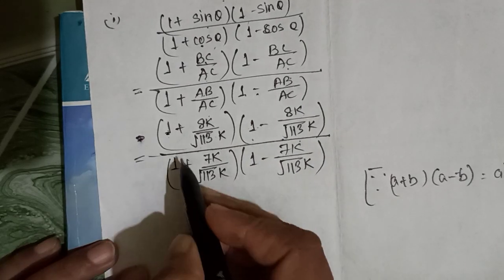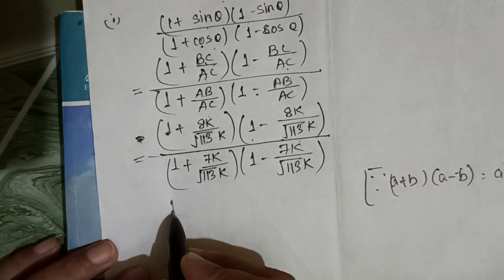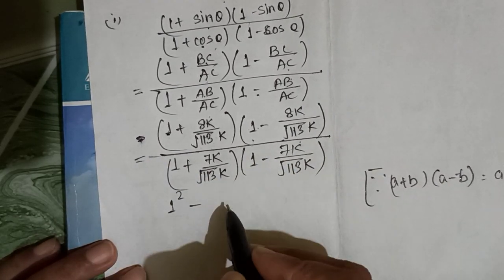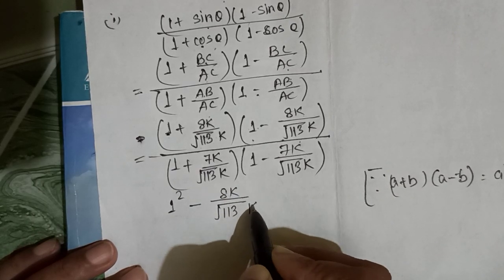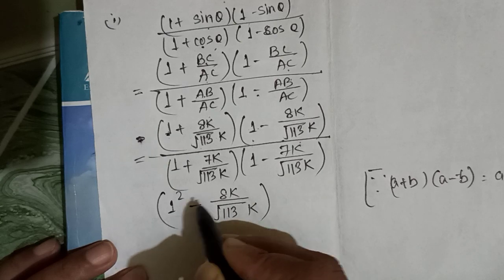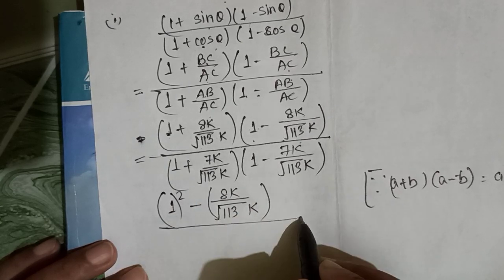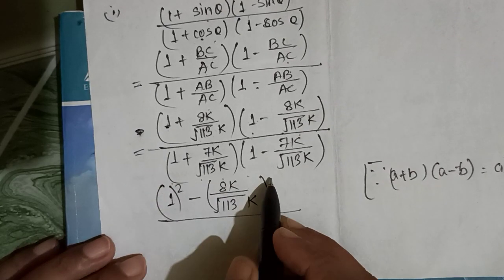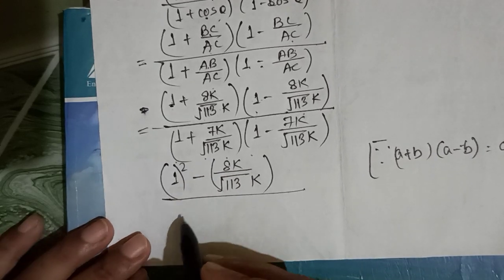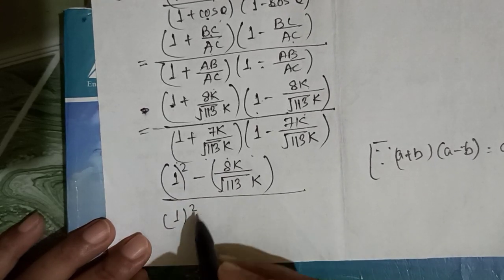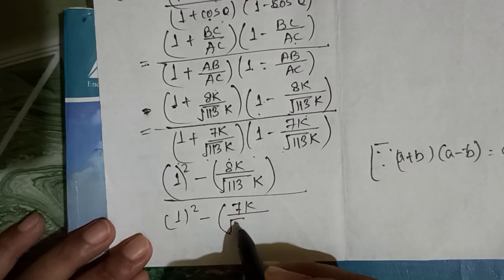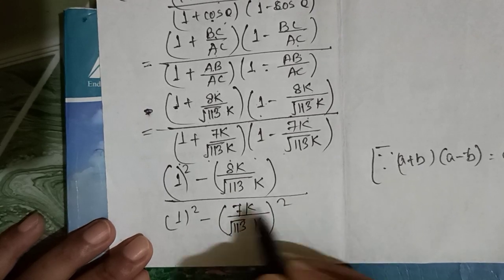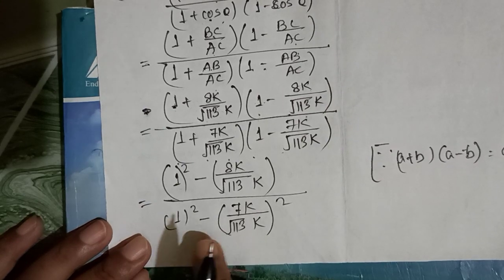So here a is 1, so a square minus b square. b is our 8k by root 113k, and we give the bracket square. Below also we can put a plus b, a minus b in the denominator. So a again we have 1 square minus b, which is our 7k by root 113k whole square. Just give equal here. Now you have to solve this part.